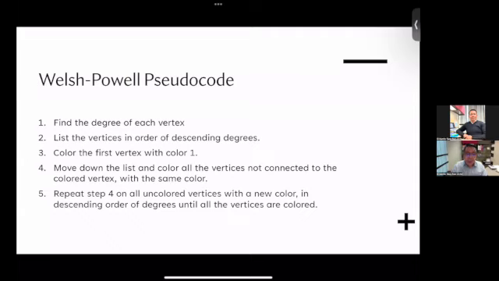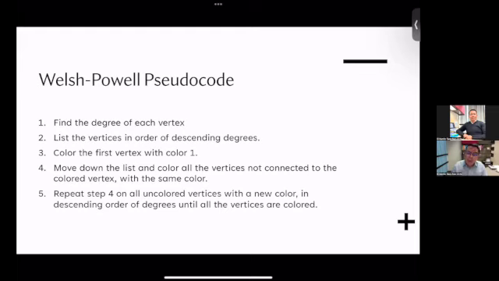We will start with the first vertex using color 1, and we will move down the list and color all the vertices which are not connected to the one that I have colored with the same color. And I will repeat this step for all the uncolored vertices with a new color, of course, in descending order of degrees until all the vertices are colored.